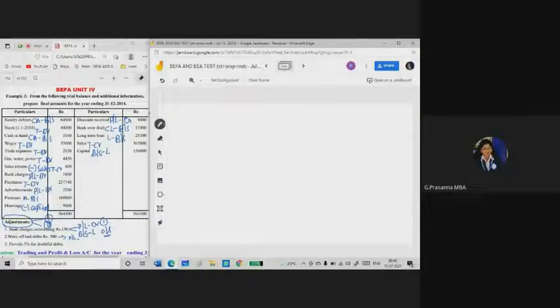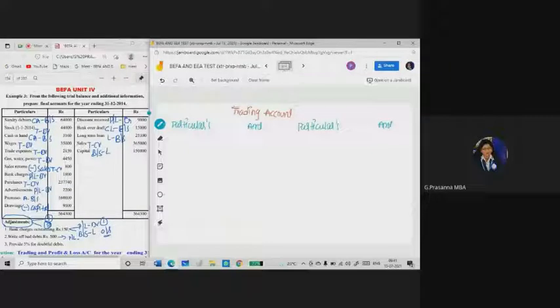So first I will be preparing the trading account. The format is particulars, amount, particulars, amount.